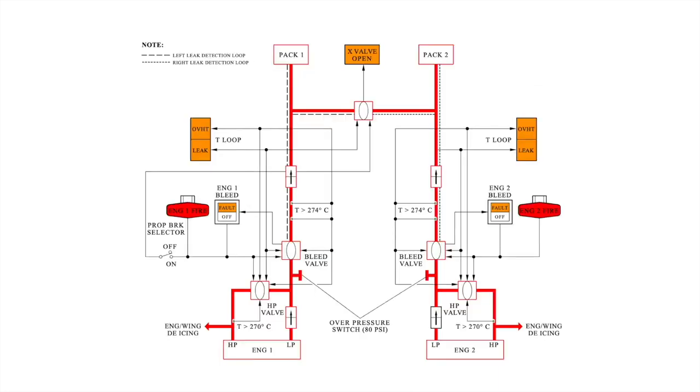Temperature sensors are also installed in this system to provide overheat alerts. One of the sensors is located upstream of the high pressure valve and one is located downstream of the bleed air shutoff valve. The detector at the high pressure valve operates at 270 degrees Celsius. High pressure air is only allowed in this system when its temperature is below this threshold.